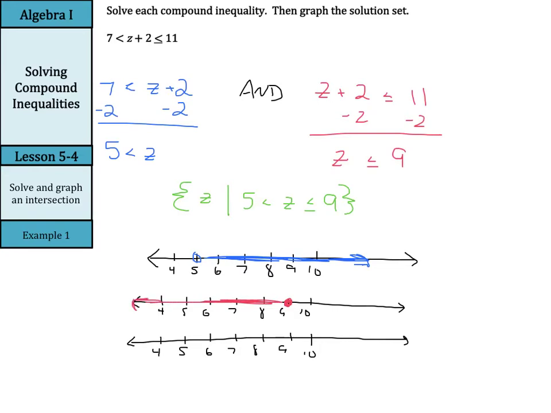Now, when we look for the union, I'm sorry, the intersection, not union, intersection, we're going to be in between here. So we'll have an open circle at 5, a closed circle at 9, and we're shading in between. So that is the intersection of the graphs.